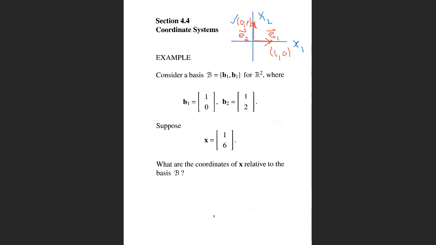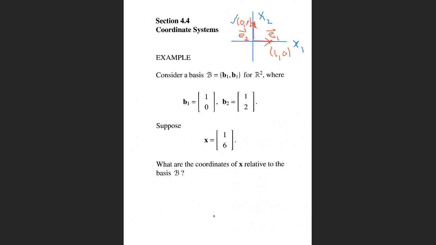This is the coordinate system you're used to. Like when you dealt with vectors with i and j, i is 1, 0, j is 0, 1. Why do we use those two vectors? Any vector in R2 can be written as a linear combination of these i, j vectors.